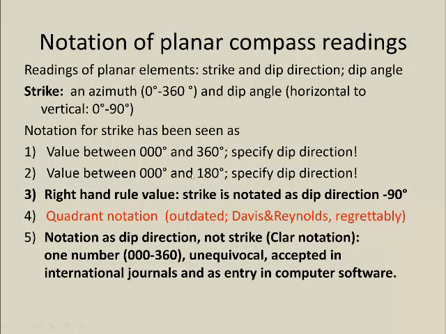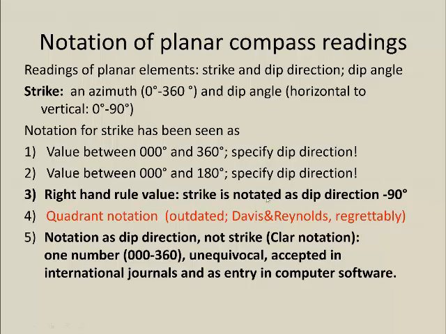And that is the one we are using. So we always use the smaller of the two strike lines. But again, then you have to specify the dip direction. Because if you say, well, our east-west striking plane that has a 90 and a 270 strike, we are using the 90 of the two because it's a smaller one, but you still could have a north or a south dipping plane.